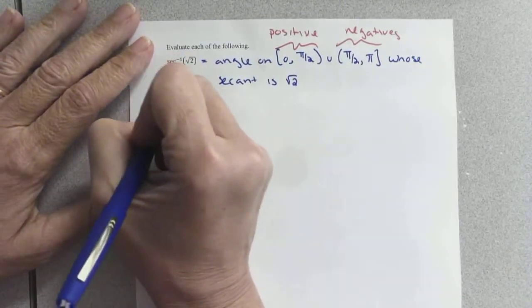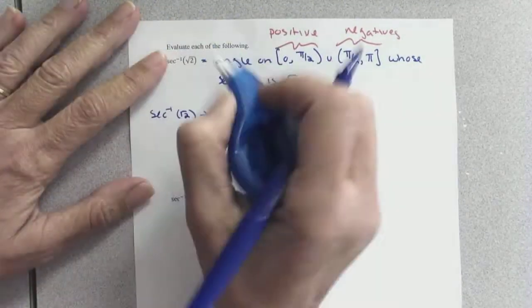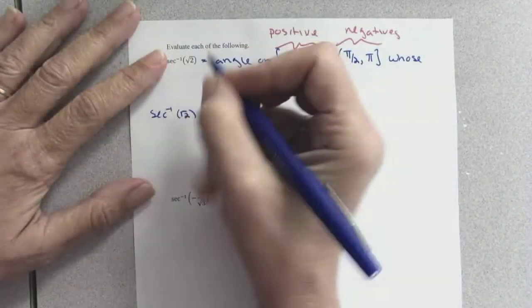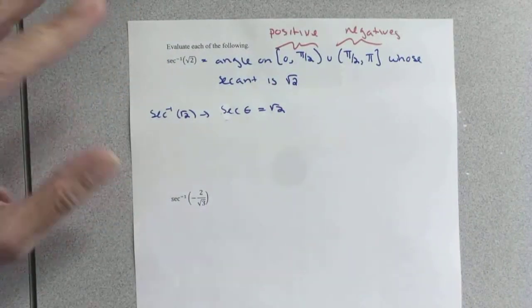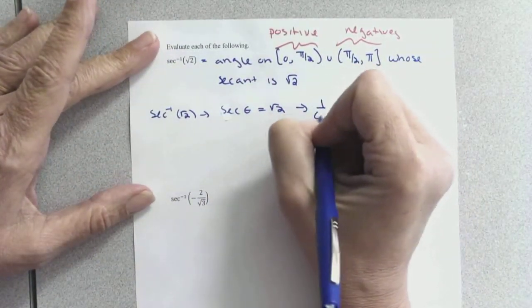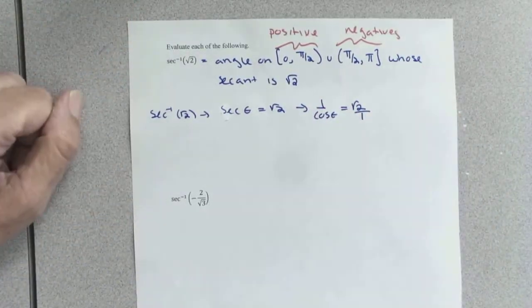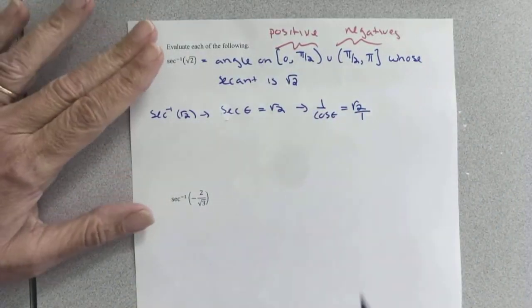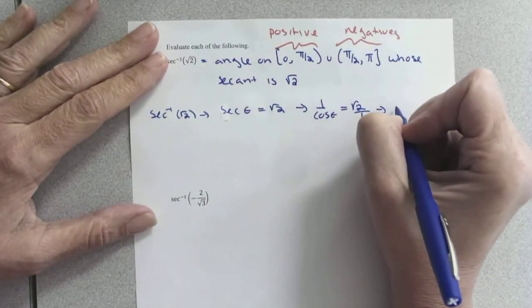Now, I think of it in terms of cosine. Secant inverse of square root of 2 will mean that secant of some angle is square root of 2. That's what that means. Well, that would be 1 over cosine of some angle equals square root of 2 over 1.